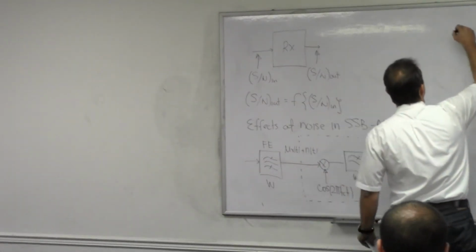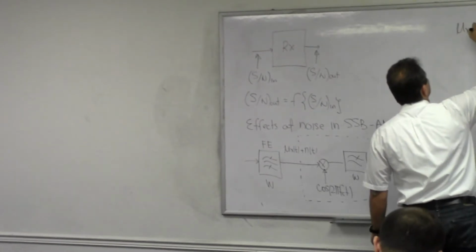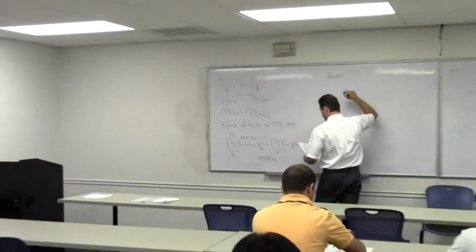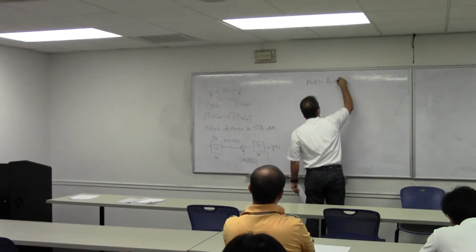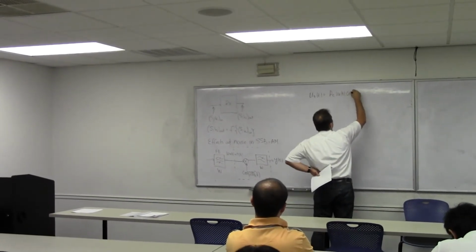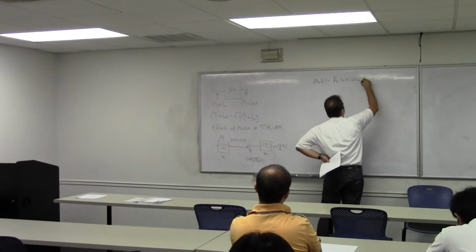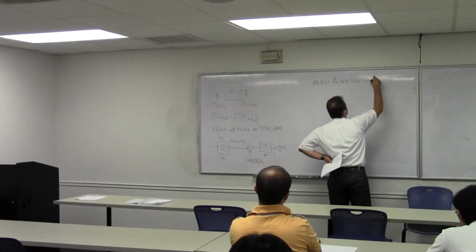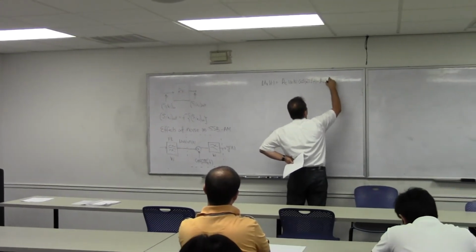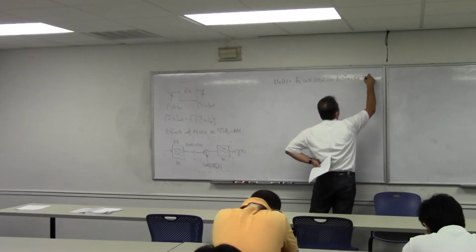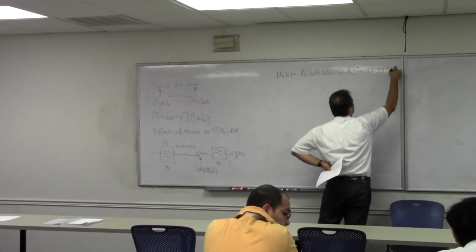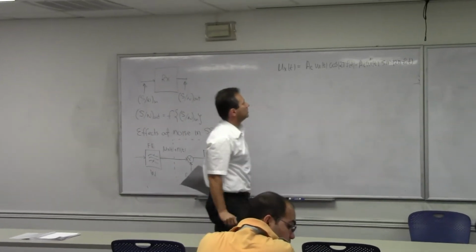So let's just write out the signals. u(t), this is my single sideband modulated signal, is going to be A_c m(t) cosine 2πf_c t minus A_c m̂(t) sine 2πf_c t. This is my single sideband modulated signal.